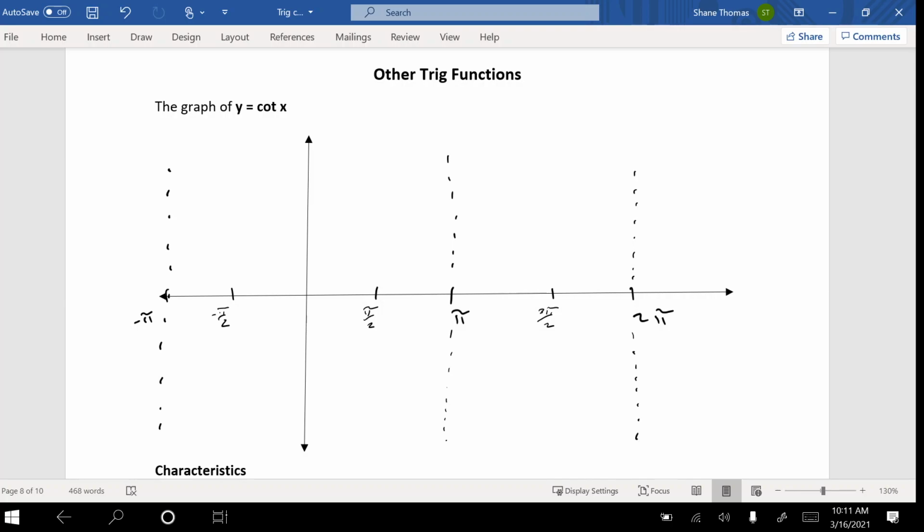Now, if I have tangent that looks like this, what do you think cotangent is going to look like? It's going to be the opposite. It's an inverse function, right? So tangent goes low to high. This one's going to go high to low. Look like this.